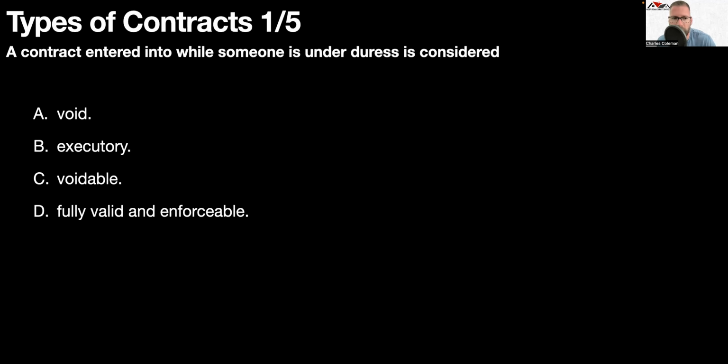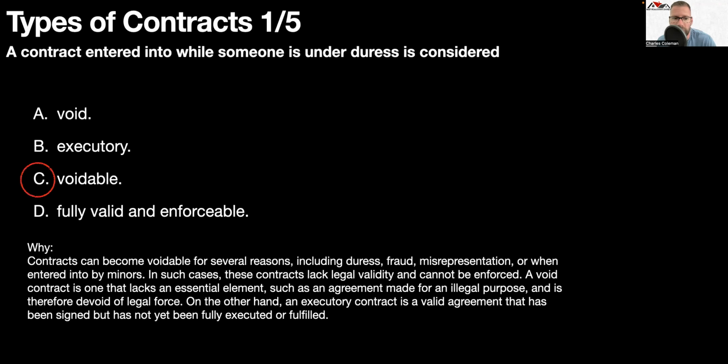Question number 1: a contract entered into while someone is under duress is considered voidable. Contracts can become voidable for several reasons, including duress, fraud, misrepresentation, or when entered into by minors.